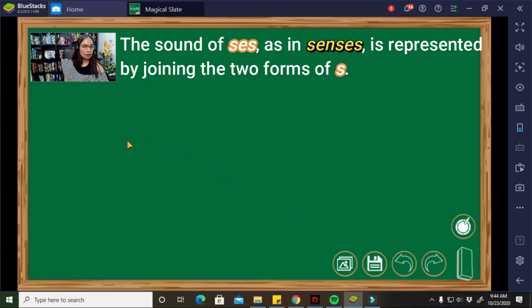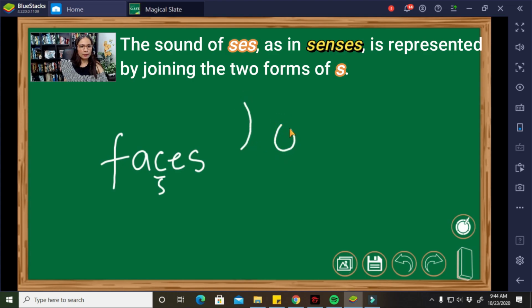If the word is faces, for instance, faces. C here is pronounced as S. So meaning we do have the F sound and a big circle for A, and then SES. There. So let's join that.